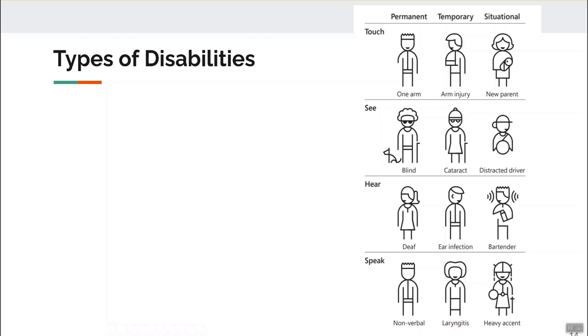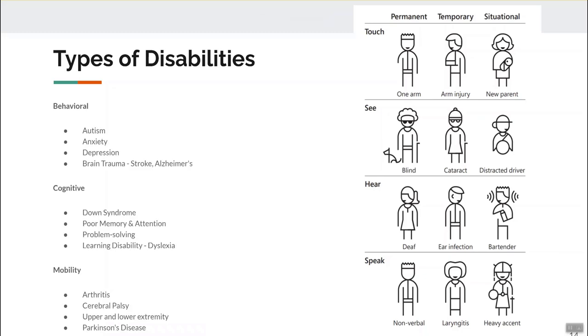One thing that's not really clear here about permanent disabilities is that some people assume it's from when you're born and you just have it your whole life, but oftentimes a permanent disability will happen at some other point in our life, and then we'll just continue having it.